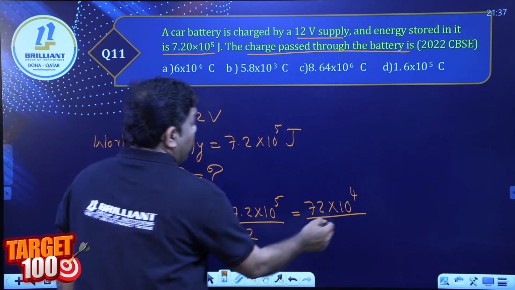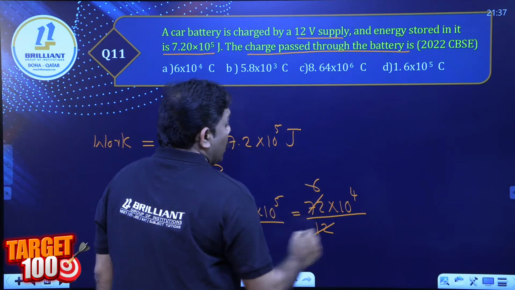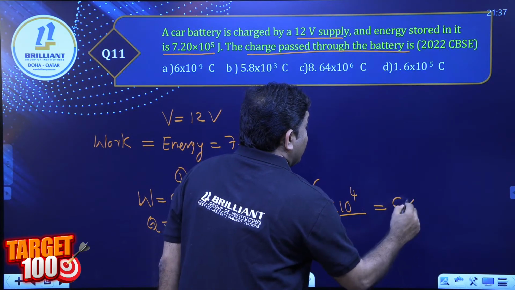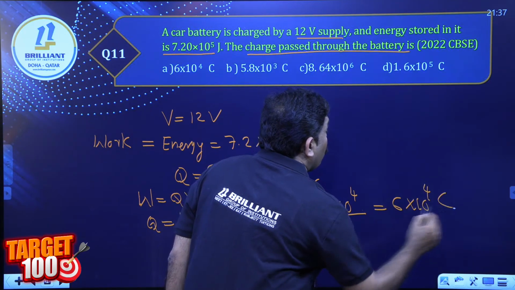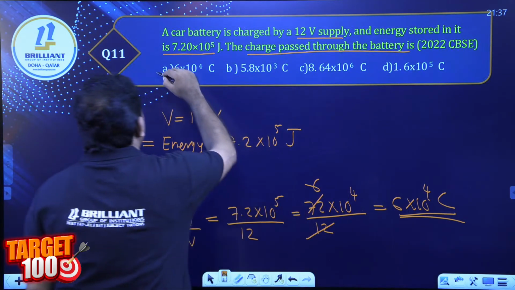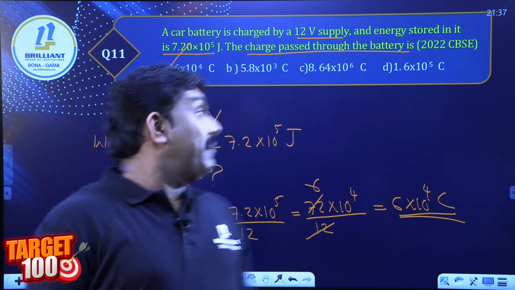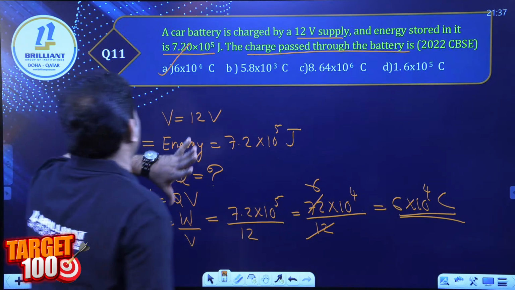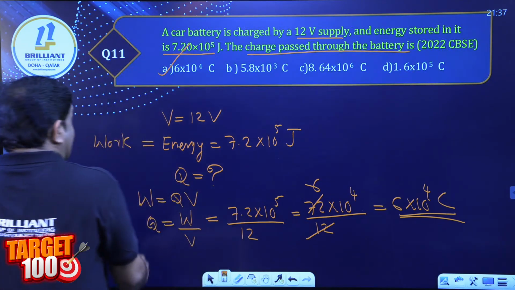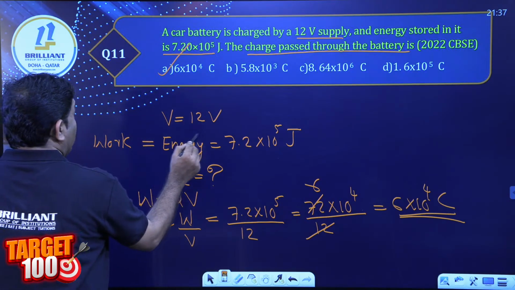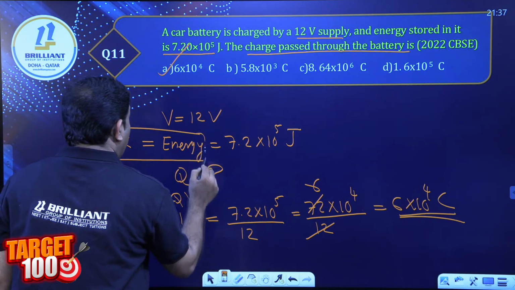So 72 by 12 is 6. So the answer is 6 into 10 raised to 4 coulomb. So the right answer is option A. So this is the relation. Look, energy and work are equal.